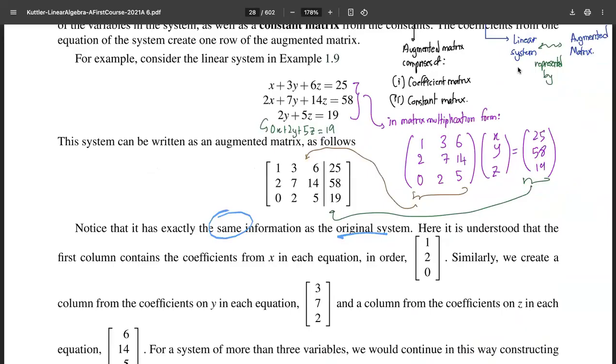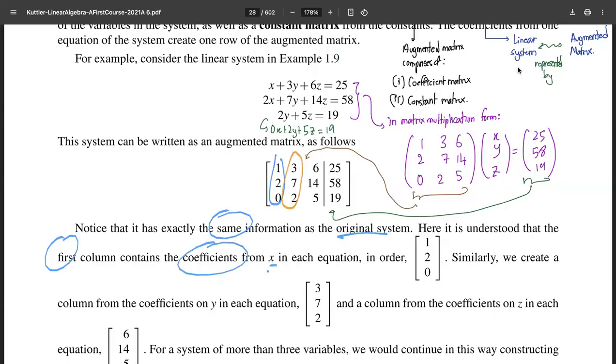So here we know that the first column is always going to be derived from the coefficients on x. The second column is going to be derived from the coefficients on y. And the third column is going to be derived from the coefficients on z. And we get that because of the way that matrix vector multiplication works.